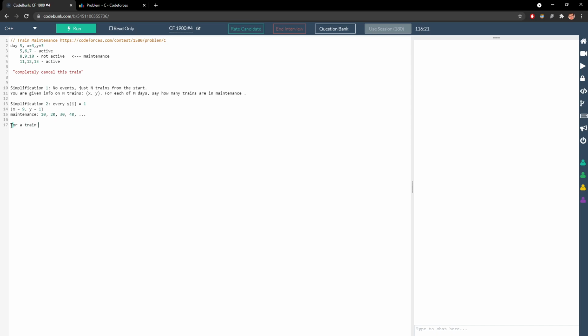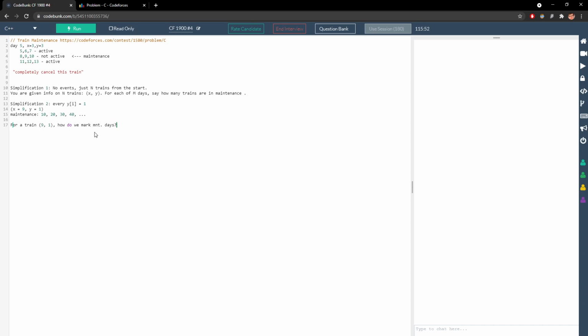For a train like 9-1, how do we mark maintenance days, given this simplification? And now, for the first time, I can say you are missing something easy here, and you should see the answer to this.